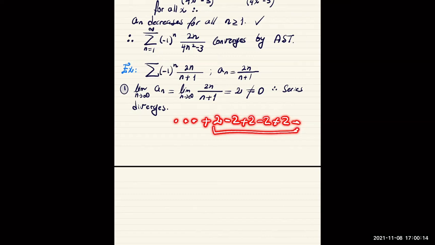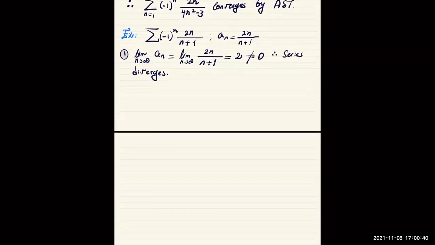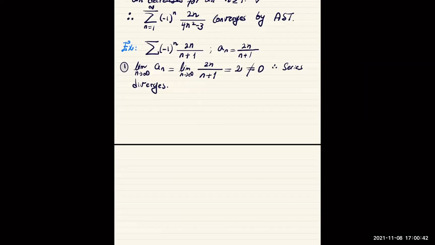The partial sum is either 0 or 2: 0, 2, 0, 2, 0, 2, or if you group it differently, it'll be 0, -2, 0, -2. Partial sums will not have a limit. So it's like the same thing with cosine of pi n, because it's alternating.